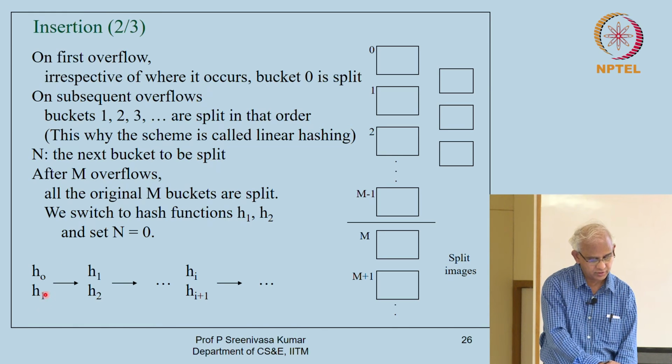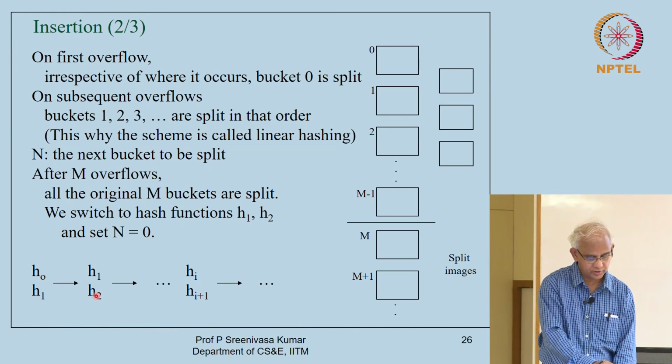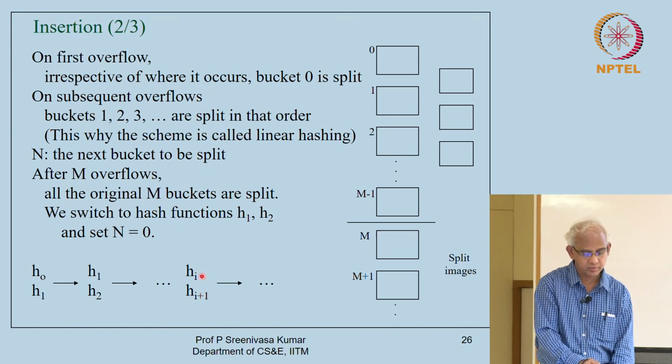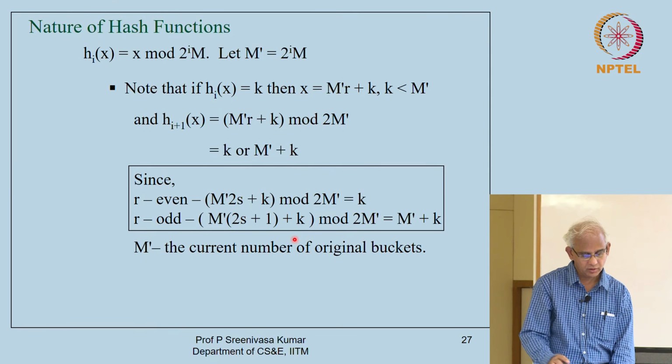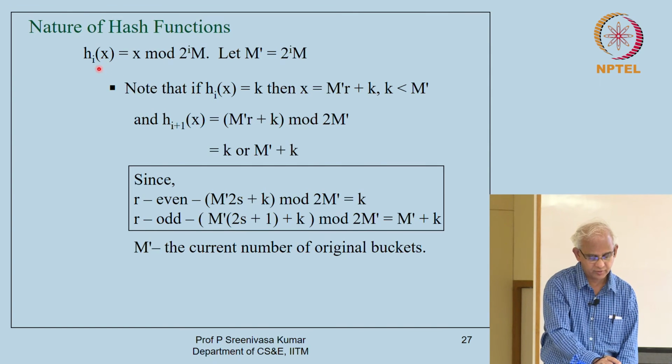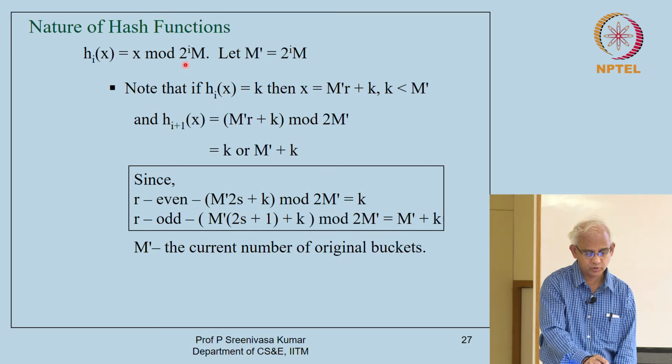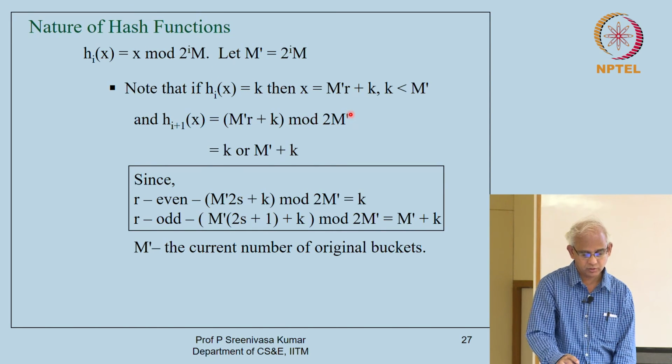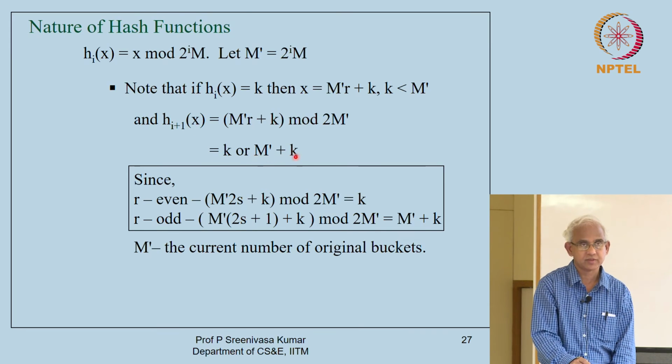So, we make use of h0, h1 to start off, then h1, h2 and so on. At any point of time we will be using hi and hi plus 1, a pair of hash functions, in order to handle this. So, here is a proof: if you have hi of x as x mod 2 power i m, then if you apply hi plus 1 to the same number, you will get either k or m prime plus k.